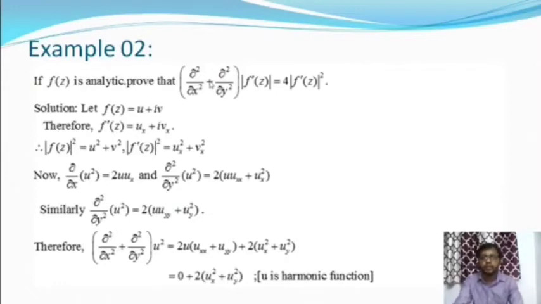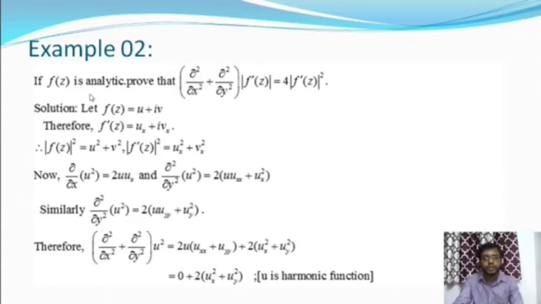So if f of z is analytic, that means f of z satisfies the Cauchy-Riemann equation as well as the Laplace equation, or f of z is a harmonic function. Okay, so if f of z is harmonic, then we will say u is a harmonic function as well as v is a harmonic function.